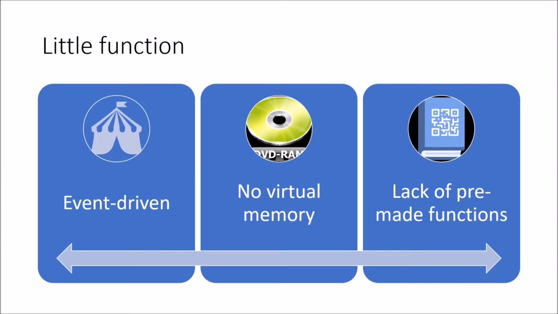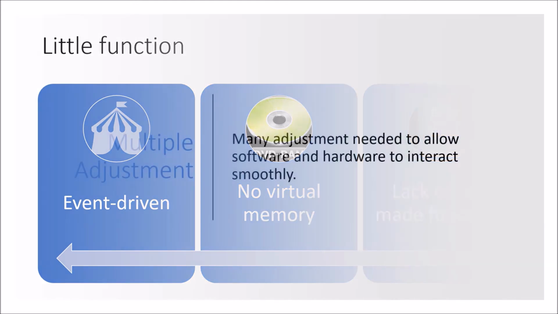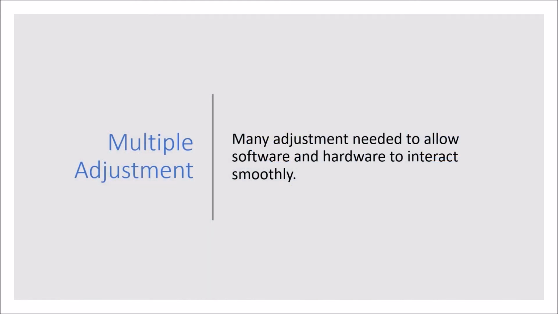TinyOS has little function because it is event-driven, and it has no virtual memory and lacks pre-made functions. Multiple adjustments: many adjustments are needed to allow software and hardware to interact smoothly.